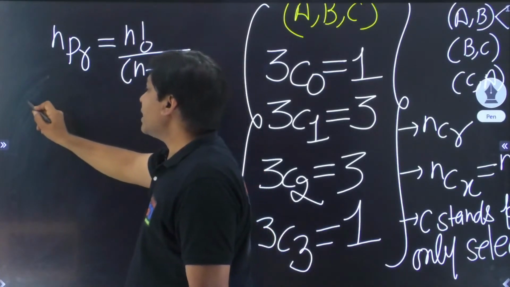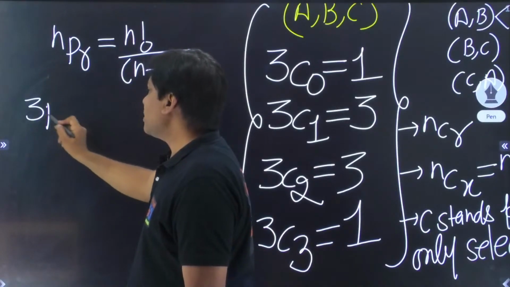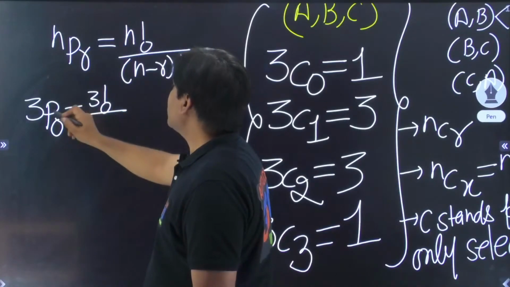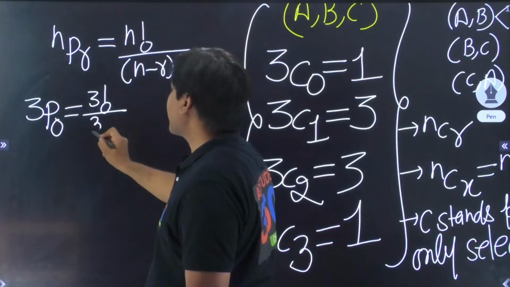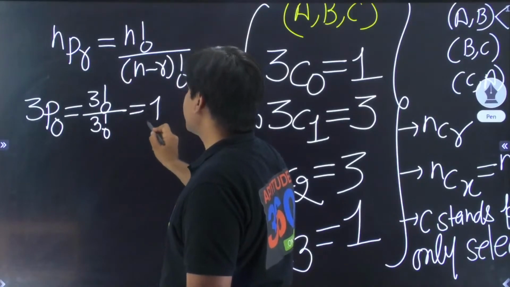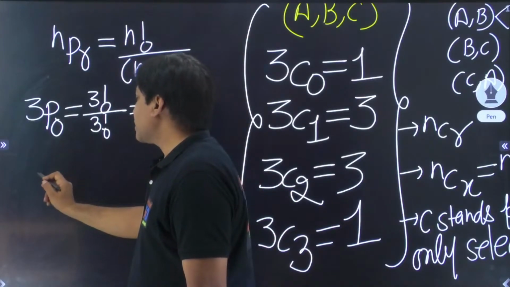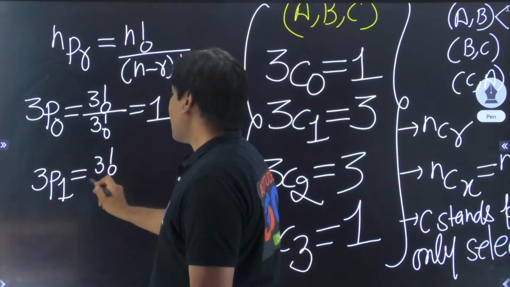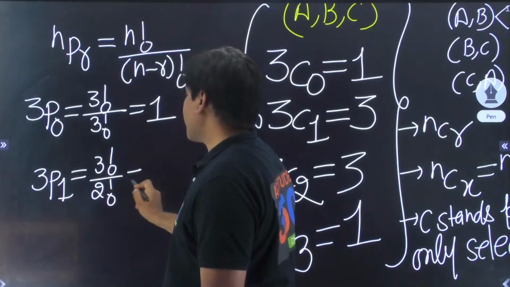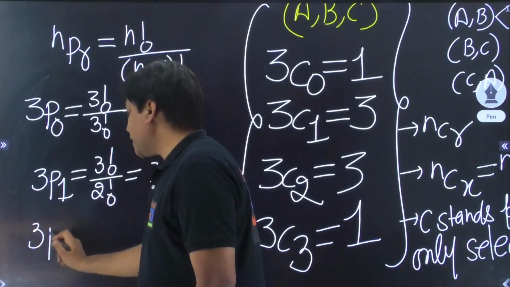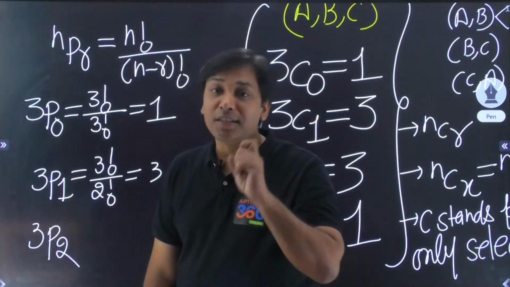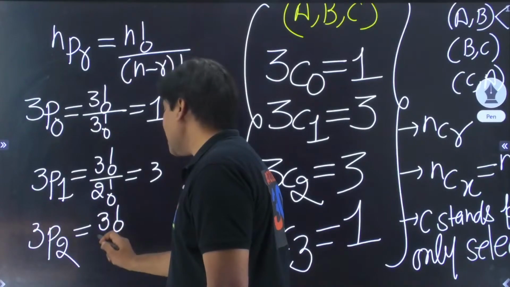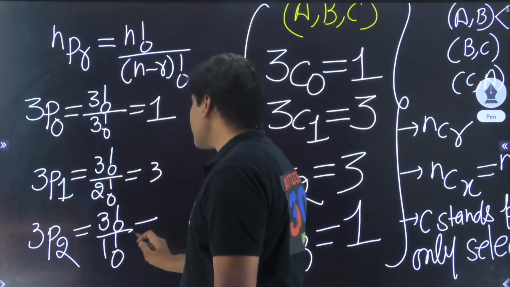If you find out 3P0, this is nothing but 3 factorial upon 3 minus 0 factorial, which is 1. 3P1: this is 3 factorial upon 2 factorial, which is nothing but 3. What is the meaning of 3P2? And 3P2 will create a difference for your understanding. 3P2 is 3 factorial divided by 1 factorial, which is nothing but 6.